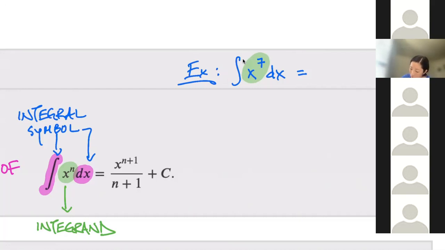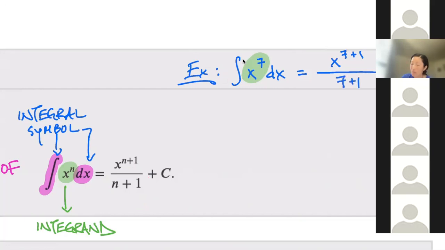This is exactly what the rule tells us, that x will now be to the power of n plus 1, or in our case, 7 plus 1. So my integral is going to be x to the 7 plus 1 over n plus 1. So over 7 plus 1.